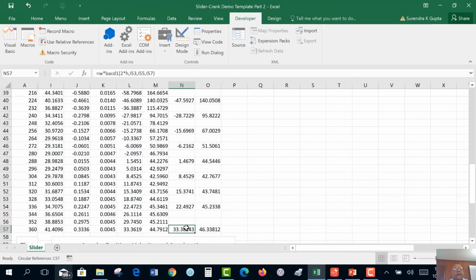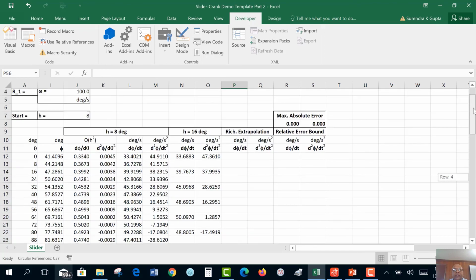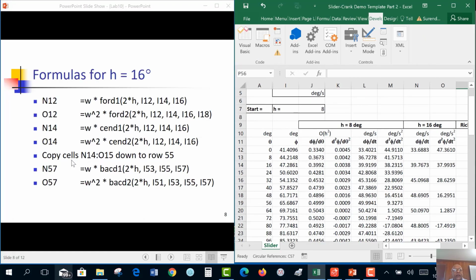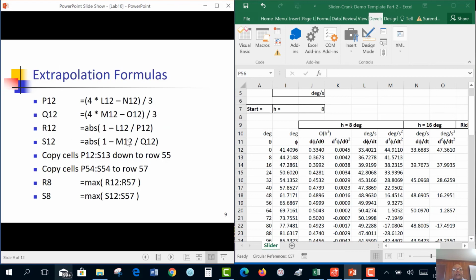Okay. So we have our values here. Next thing we are going to do, so we've got these formulas, is extrapolation.